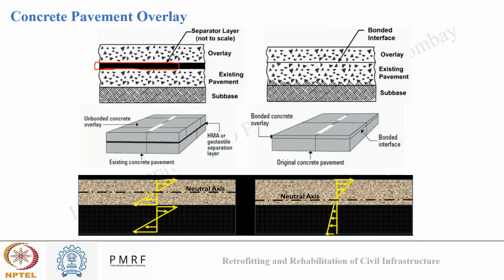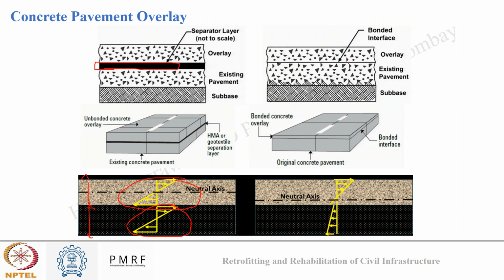Here both layers act independently to resist the load, as shown in the graph. So this is the overlay layer and this is the existing pavement. Both will act as individual units to resist the load.